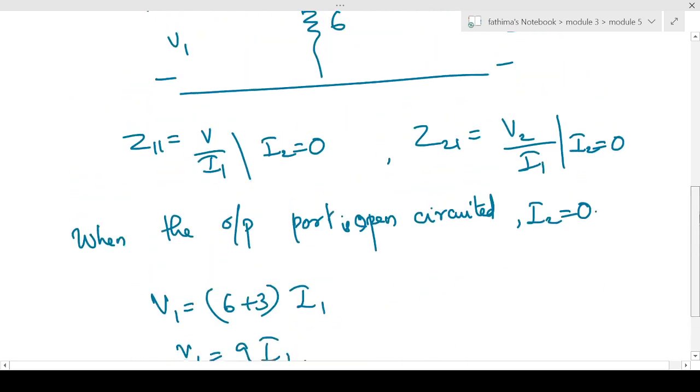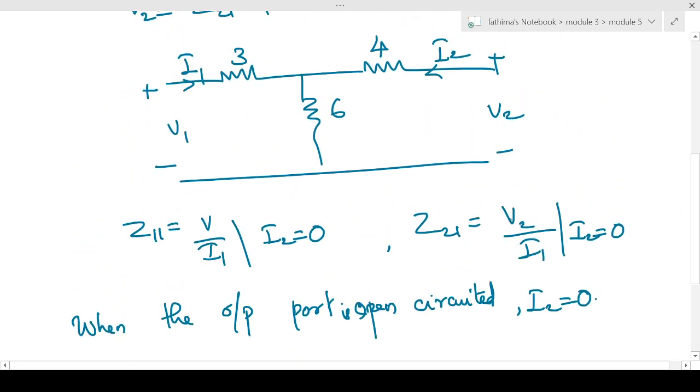Next, we have to calculate V2 by I1. So V2 is the voltage across this 6 ohm, and since there is no current flowing through this resistor, there is no voltage across this also. So we have to find the voltage across the 6 ohm resistance. That voltage V2 will be equal to the current flowing through 6 ohm, which is only I1.